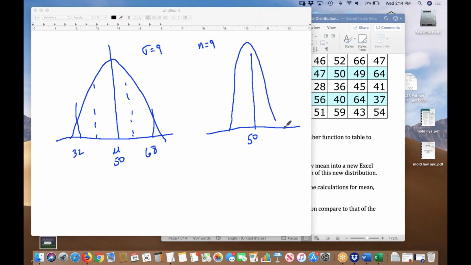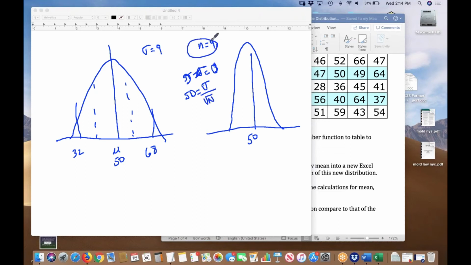It's going to look something like that. And its standard deviation, which I'll call SD, is going to be equal to the standard deviation of the population divided by the square root of the sample size.